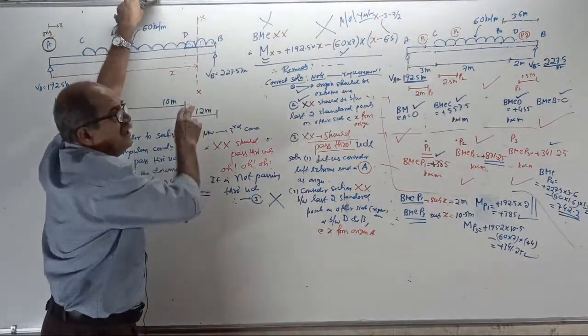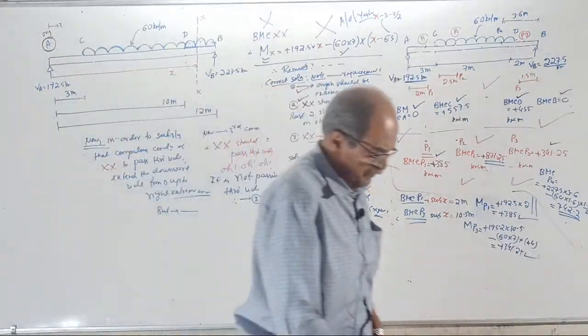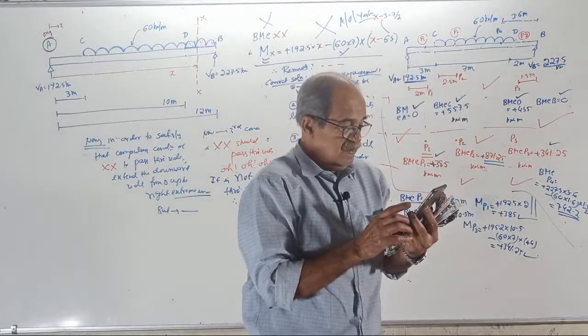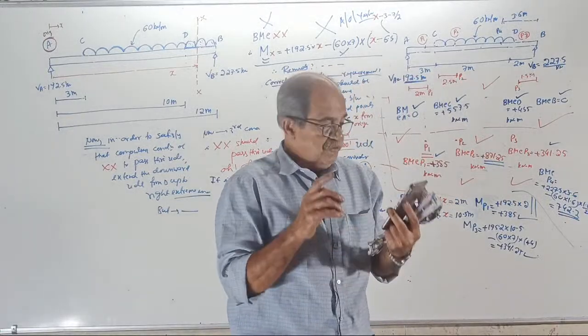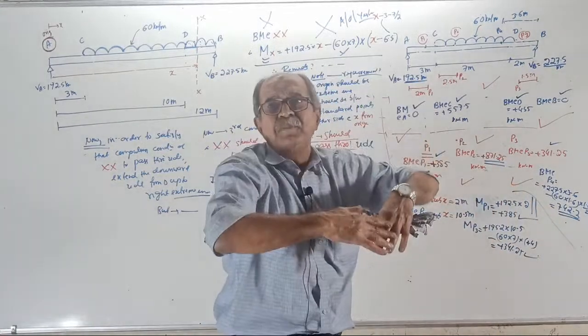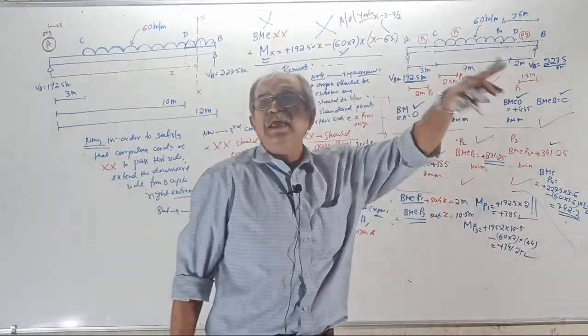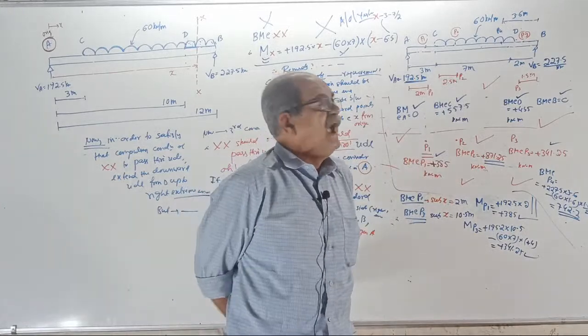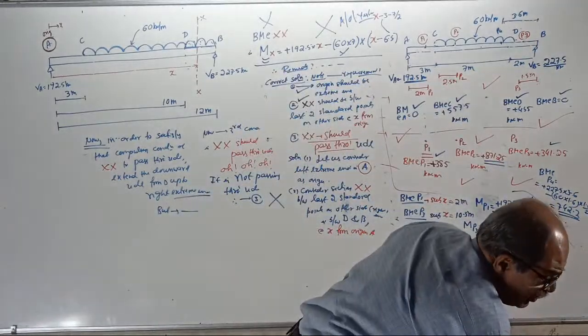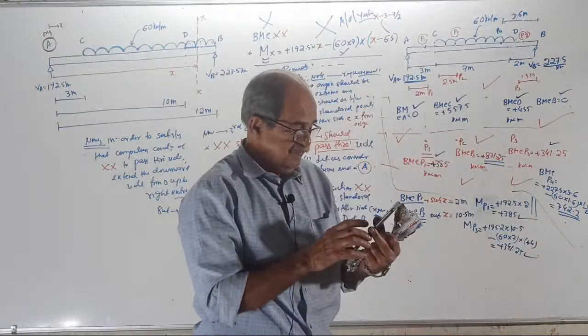It will not give the correct answer, yes or no. If you give extra loading, it will create more bending, the reaction will change, and the elastic curve will change. So therefore the result will not be correct. Tell yes or no. Tell fast.